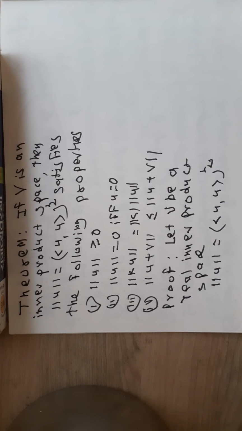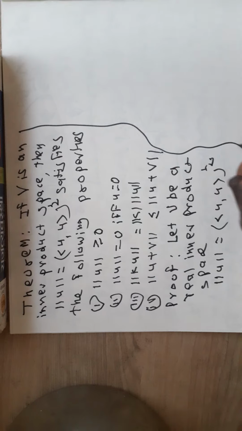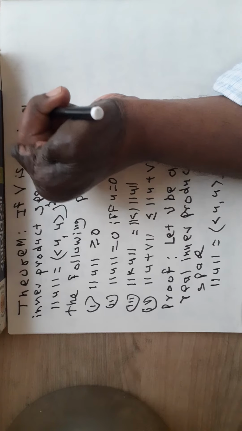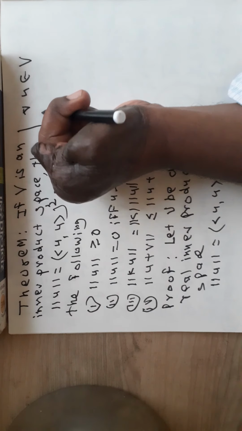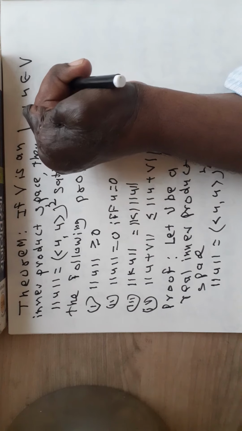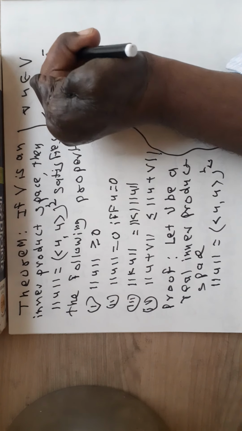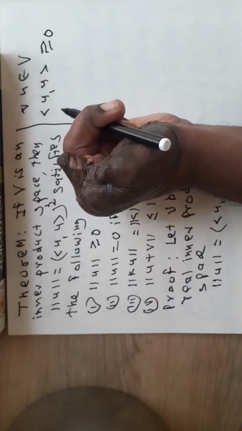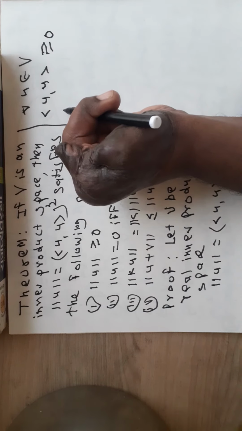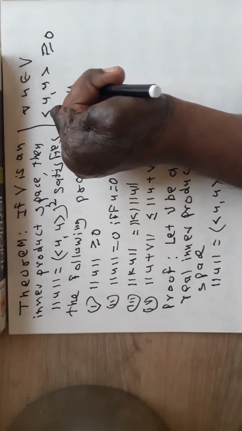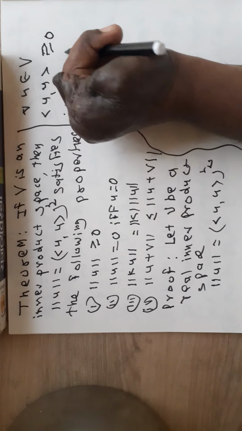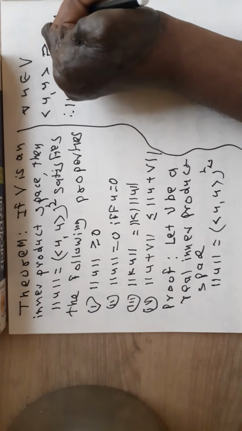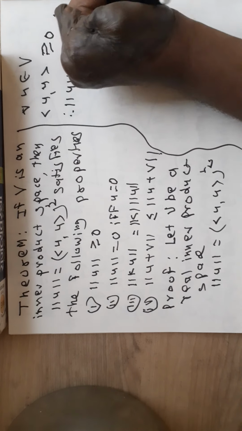Since by the definition of inner product, for all u belonging to V, the inner product of u with u is greater than or equal to 0. Therefore the norm of u, which is the inner product of u with u raised to the power half, is greater than or equal to 0.